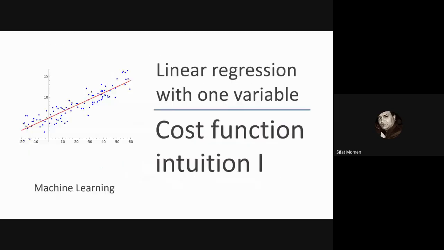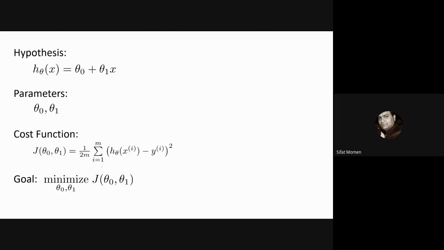Okay, all right, so now here's an intuition that we would like to discuss, ঠিক আছে? Okay, cost function intuition 1. So here's what we have so far. This is what we have learned. We have a model. It's a linear model, regression line model, with the hypothesis h theta given by theta naught plus theta 1 x.